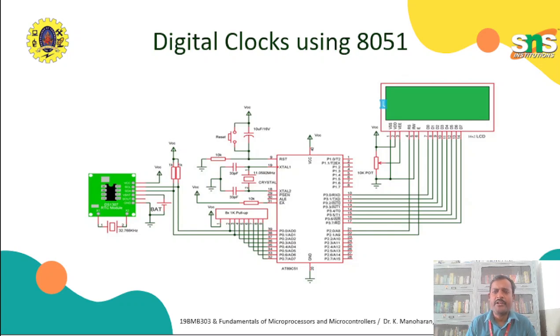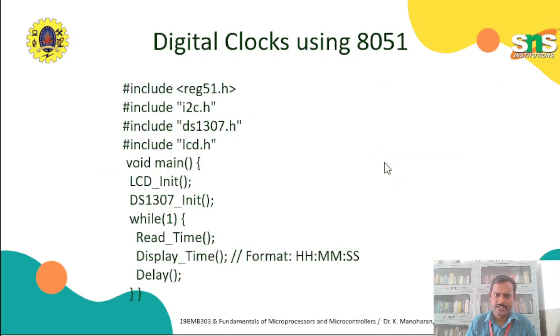Only one time we need to write that information. All the remaining time we just need to read the data, and the read data will be displayed here. I am going to display only the hour, minute and second. So get the data and send the data to the LCD. This is the actual program sequence.